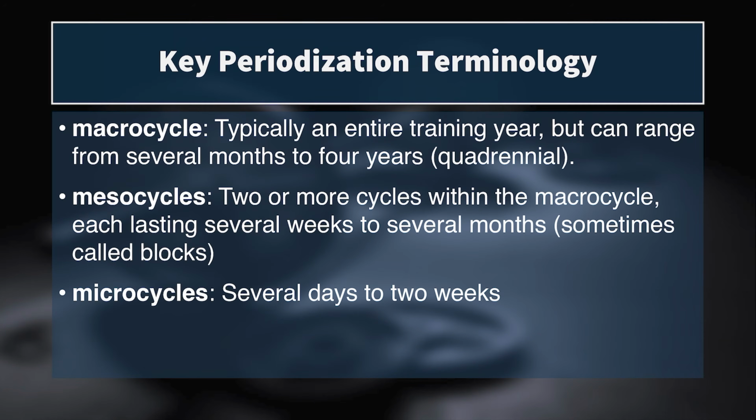So some key terms. First up is the macrocycle. A macrocycle is typically an entire training year, but it can range from several months up to 4 years, which is also called a quadrennial cycle. Especially in the developmental portion of most athletes' lives, they are on 4-year blocks, such as high school, which is typically 4 years, and then the collegiate system in the US is typically 4 years, sometimes 5 if you redshirt.